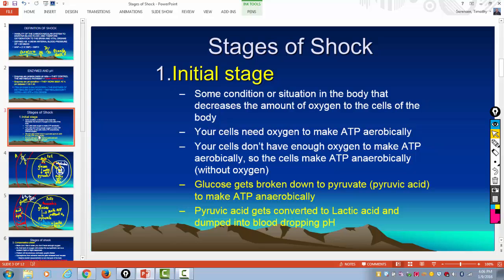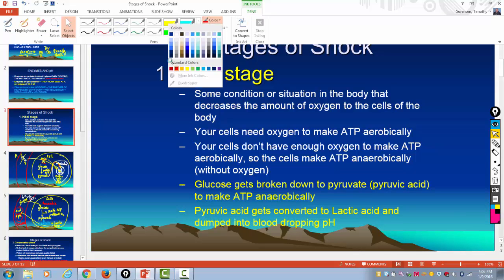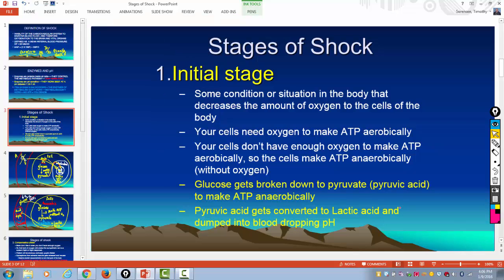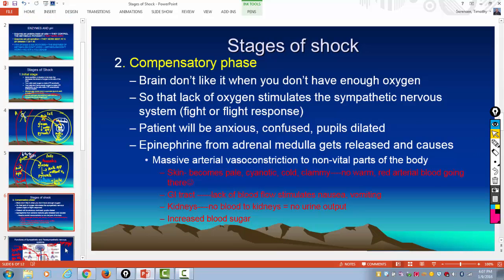And what's going to happen is you're going to start taking pyruvate and converting it into lactate and dumping it into the blood. And that's going to drop your pH. So that's the initial stages of shock. Then you go into the second stage of shock. The second stage of shock is the compensatory phase. Now this is important.